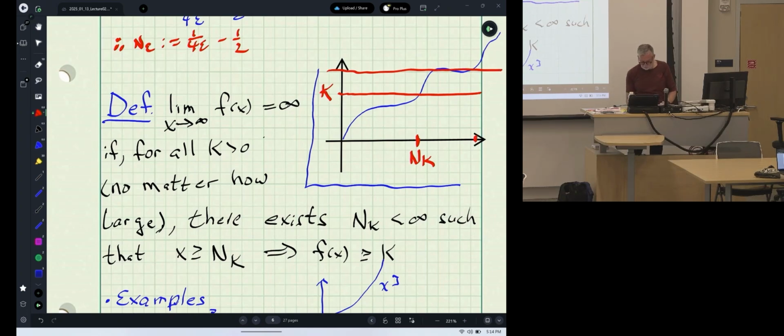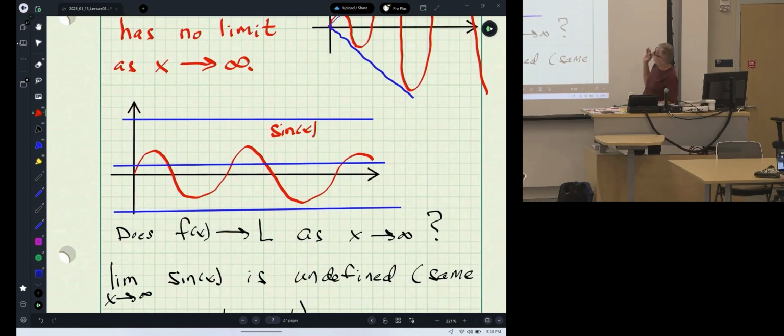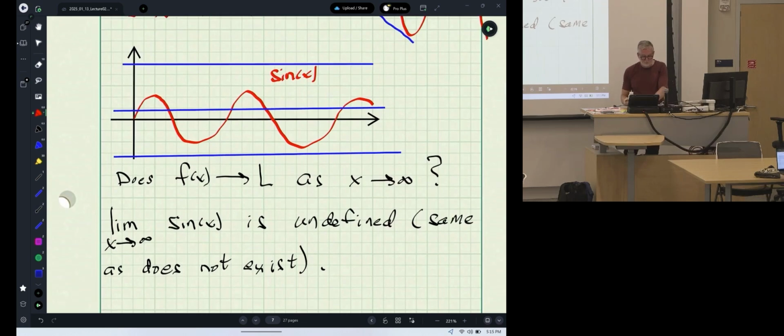So there's a second one. So here's a K2, and this would be N_K2. And sine does not satisfy any of those definitions, so its limit is undefined. Cool? Okay.